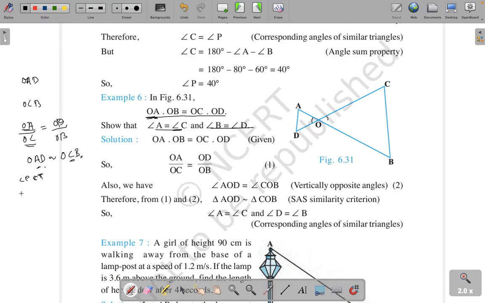So you cannot write that as CPCT. You can specify that these are corresponding angles of similar triangles are equal, right? So corresponding angles of similar triangles.